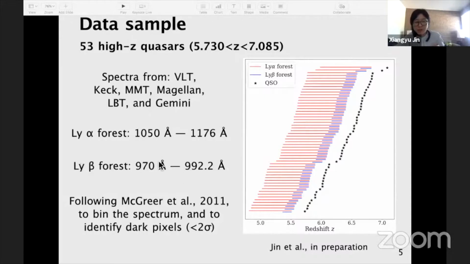The shorter wavelength cut is to exclude Lyman gamma emission and the Lyman gamma forest. The longer wavelength cut is to match the same absorber redshift as the longer wavelength cut of the Lyman alpha forest. Then we follow the method in McGreer 2011 to bin the spectrum and use this 2 sigma noise level to identify the dark pixels in our spectrum.